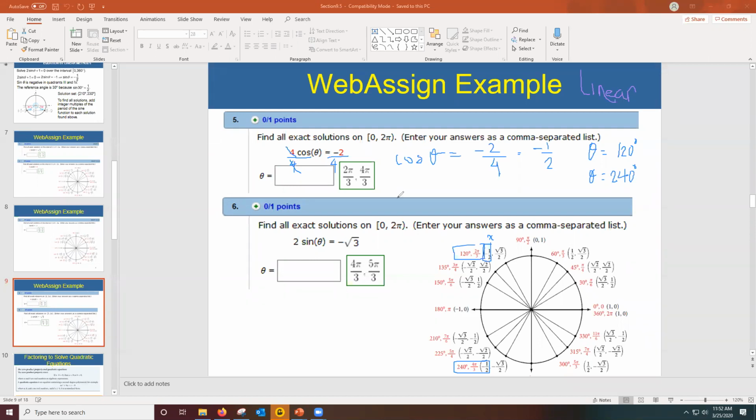All right, let's go to the bottom example here. It says 2 sine theta equals negative square root of 3. So I want to get the sine all by itself. For that, I'm going to divide both sides by 2. That's going to leave me sine theta is negative square root of 3 over 2.